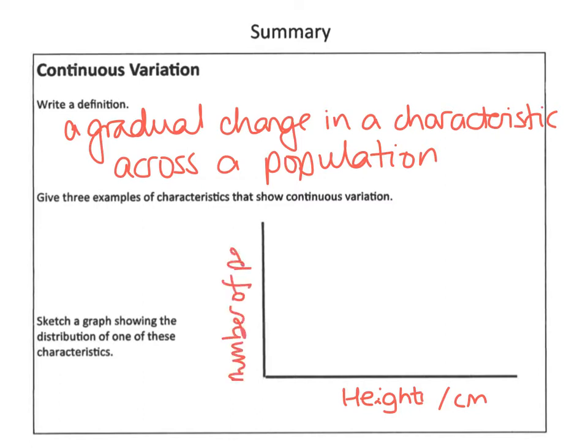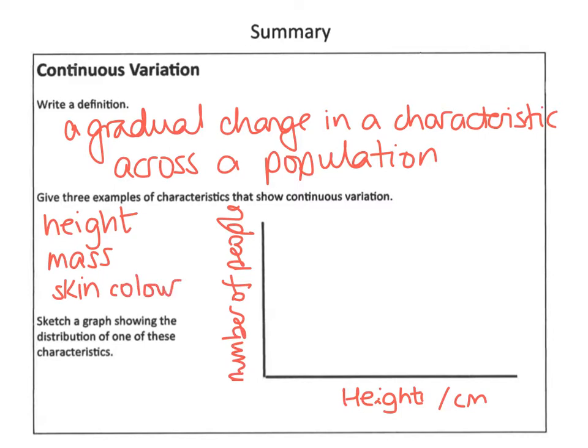Now, some examples. Well, the one that we've talked a lot about is height. We could also have how heavy you are, your mass, skin colour, hair colour, all those kind of things. So you need to write about 3 or 4 things down.